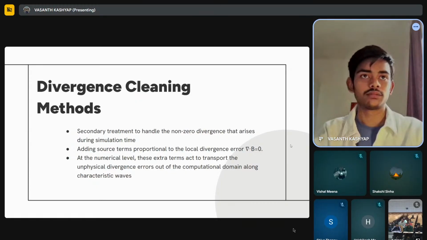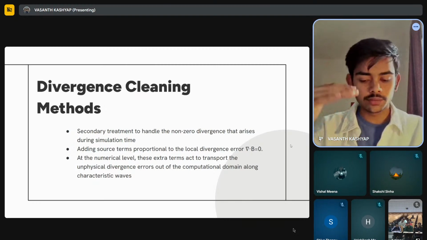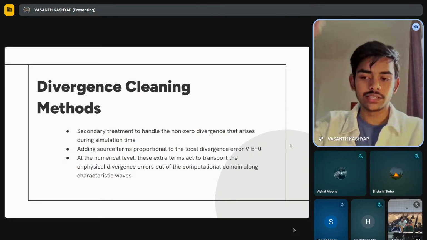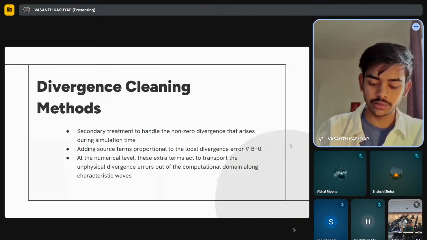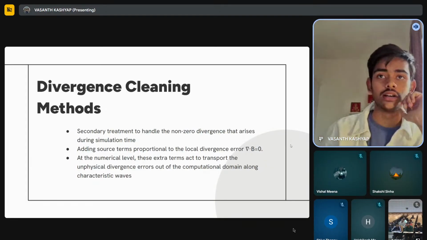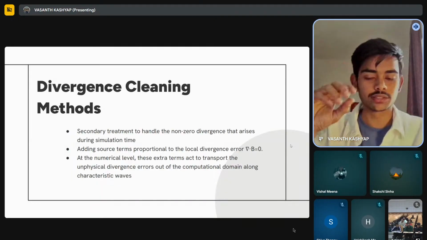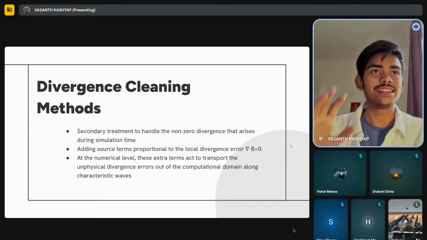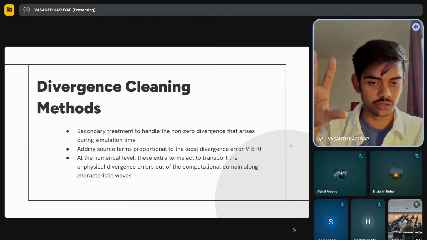As you can think, this is complicated, and as I already mentioned, this is also computationally expensive to do. But instead of exploding, this divergence will be kept limited within a certain extent, and it works quite well. Now people have fairly better, more efficient ways of doing this, and this is still used in many MHD simulations.